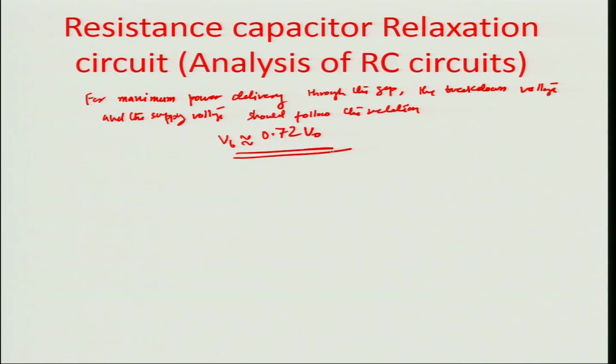So the breakdown voltage at which the circuit needs to be operated is about 72% of V0.